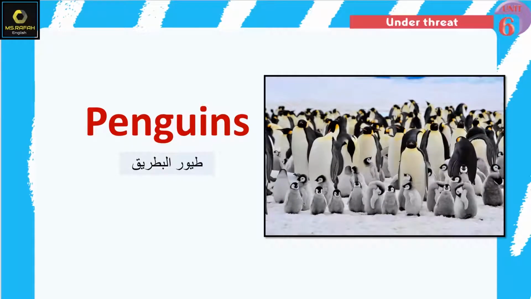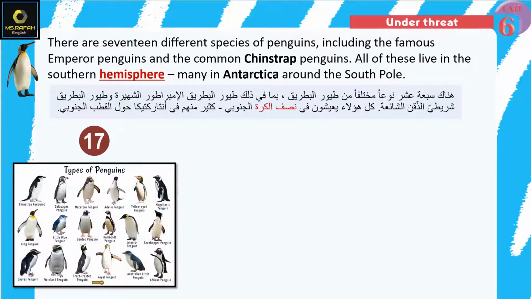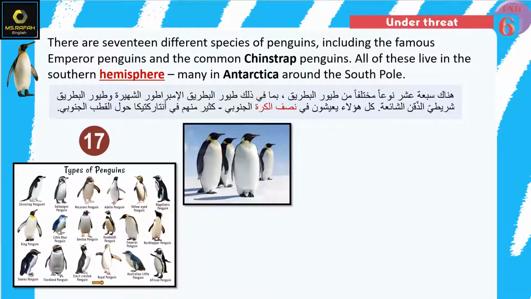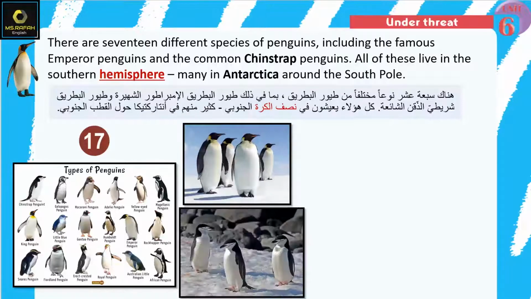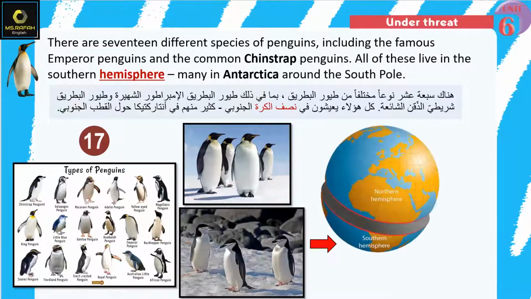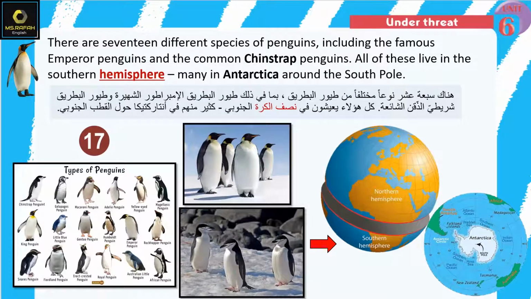Penguins. There are 17 different species of penguins, including the famous emperor penguins and the common chinstrap penguins. All of these live in the southern hemisphere, many in Antarctica around the South Pole.